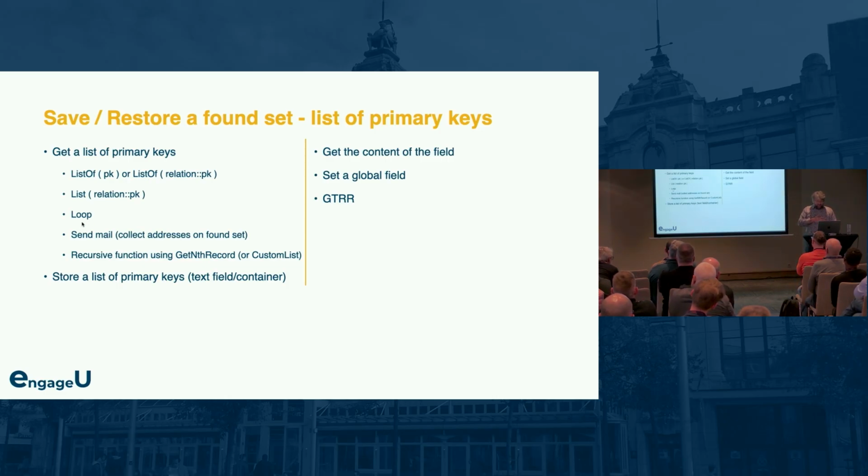Or you can loop and collect it in a variable, or you can use the send mail script step, as mentioned earlier, or you can use a recursive function or a while, or get or custom list, which is another custom function. All these ways to collect, well, a list of IDs.